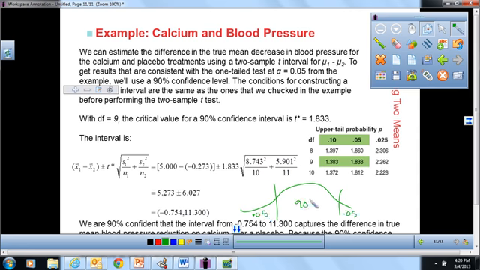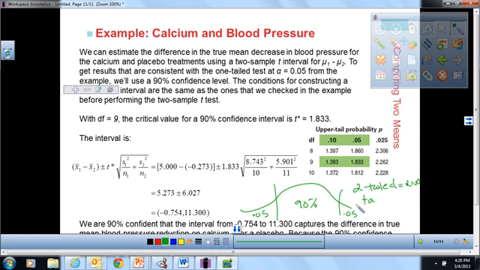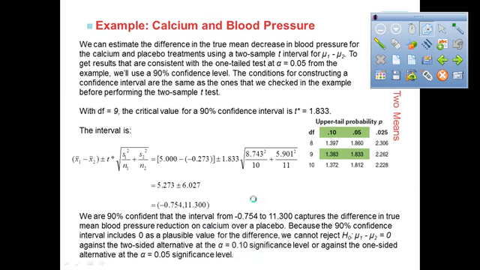And this is a 90% confidence level. So a two-tailed test is at alpha equal to 0.1, 10%. But a one-tailed would be alpha equal 0.05. And it would still fail to reject it. And that's what they're saying in that picture.